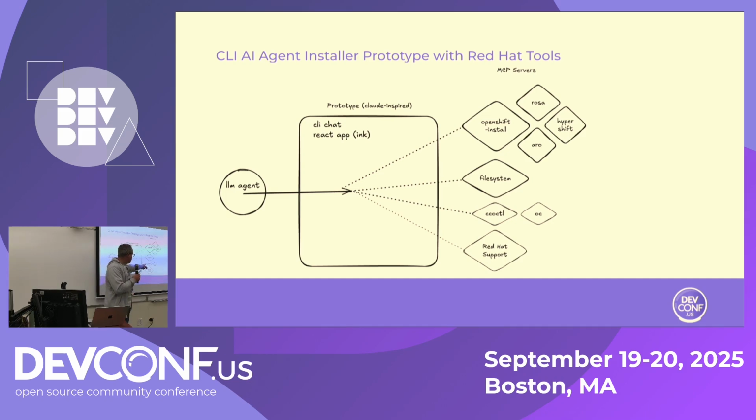So cco-ctl, does anybody use cco-ctl here? It is something we're working on integrating back into the installer itself, but cco-ctl is the CLI for the Cloud Credential Operator. So users use that if they want to put workload identity federation support, short-lived tokens, in their cluster.